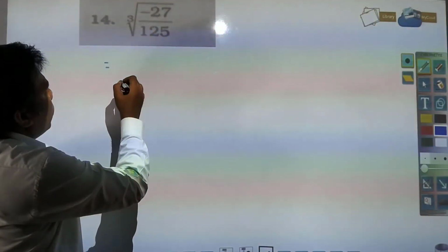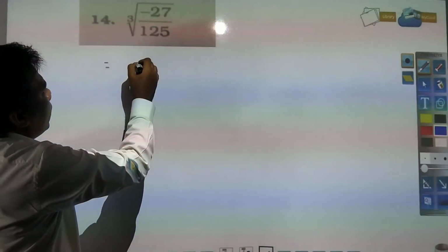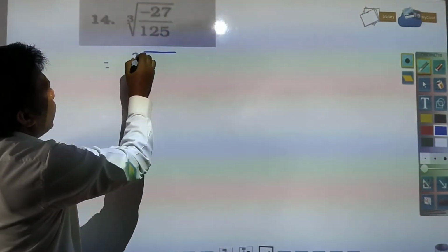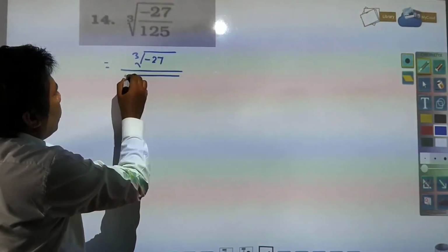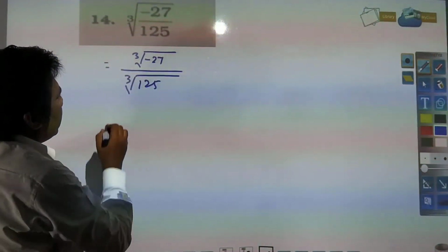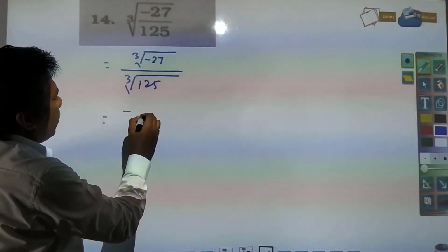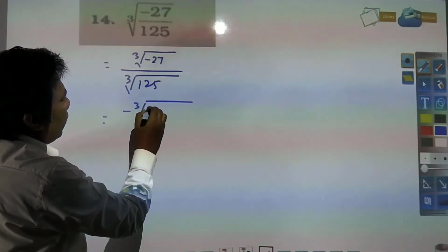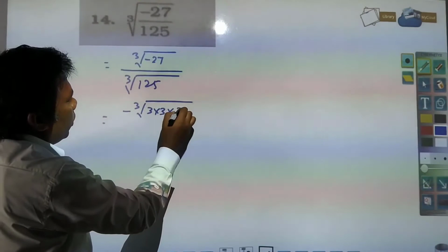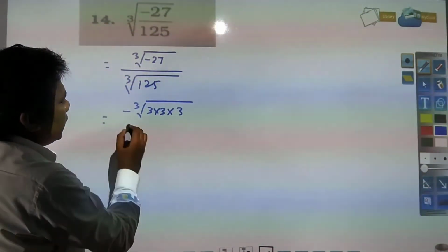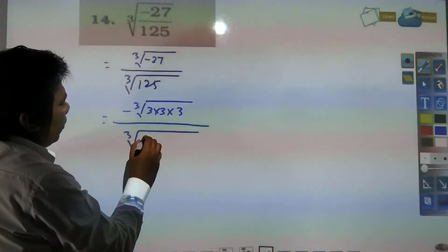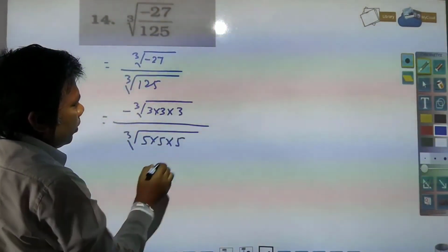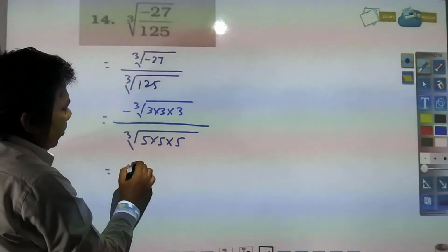125. So as we know, first of all, this is required to be converted into cube root of minus 27 divided by cube root of 125. So it can be written as minus cube root of 3 into 3 into 3, 3 3 is 9, 9 3 is 27, and divided by cube root of 5 into 5 into 5, and this will be minus 3.